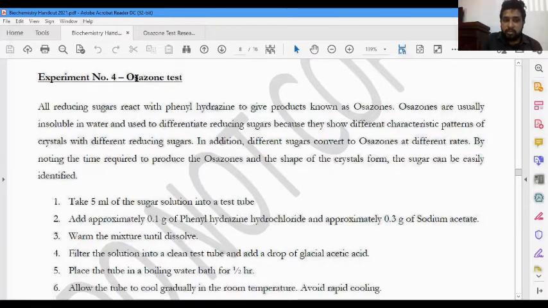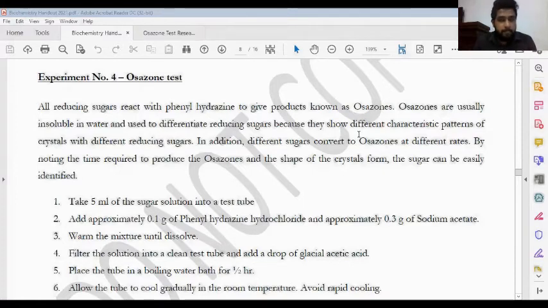The osazone test is very important because we can identify the type of reducing sugar using that test. In the Fehling test, can you distinguish between fructose and glucose? Yes, if you are very vigilant, you can identify, because the reducing power of fructose is higher than that of glucose.